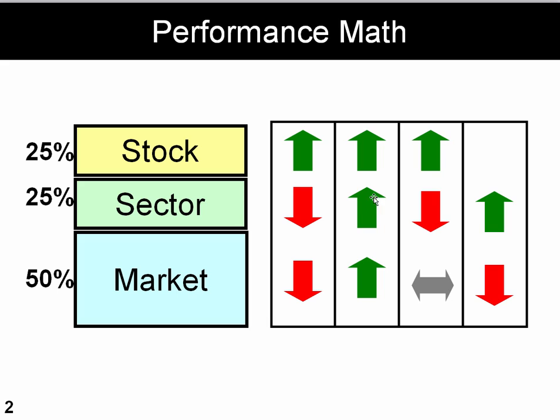So now when everything is going in its own direction, this should be an awesome performer until it's fully valued. Similarly, if the market is indifferent, but the sector's down, but the stock is up, then you have clearly a leader inside of a sector, and all other things being equal, you would want to favor the relative strength of that stock.